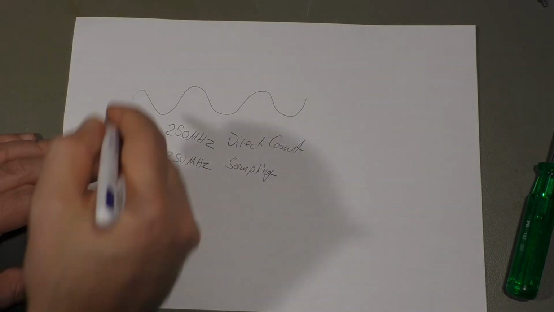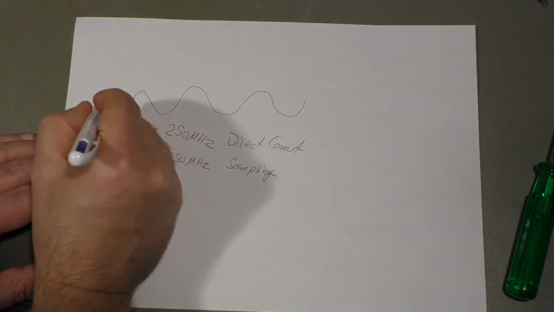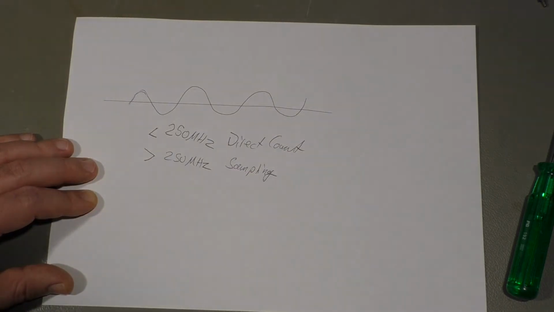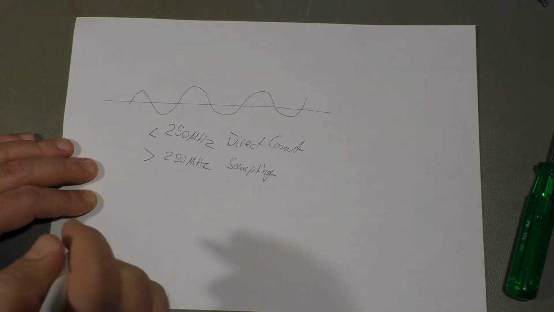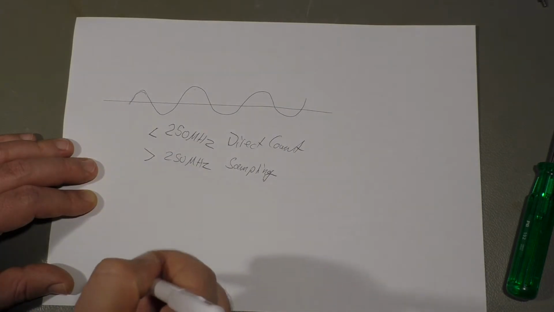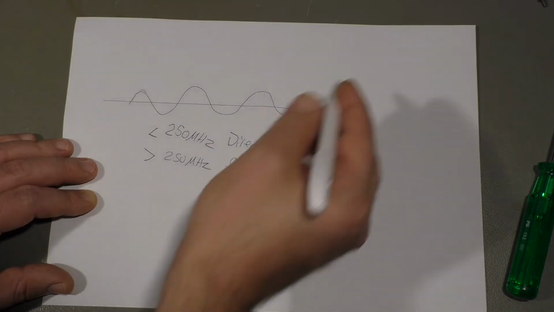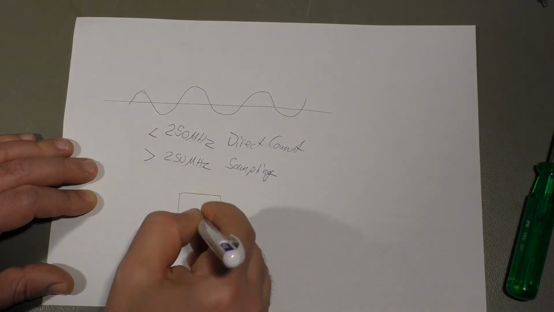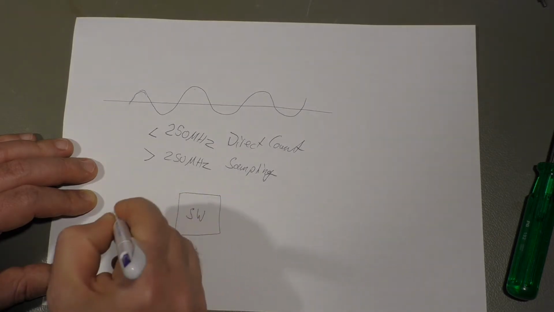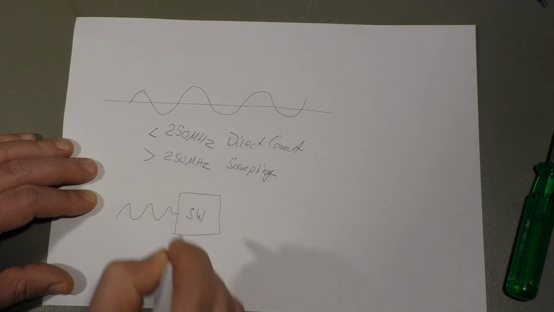And that works like that. Let's say you want to measure this frequency here. You could theoretically send it to a super fast switch. Let's say this is our switch, that's the input.